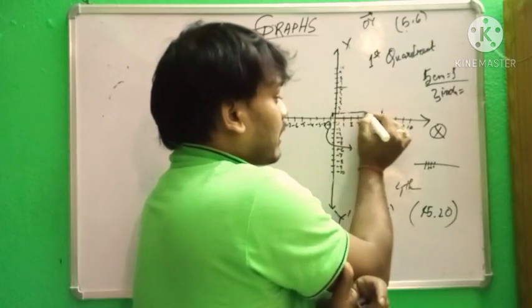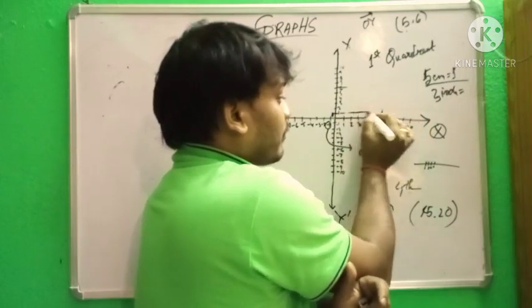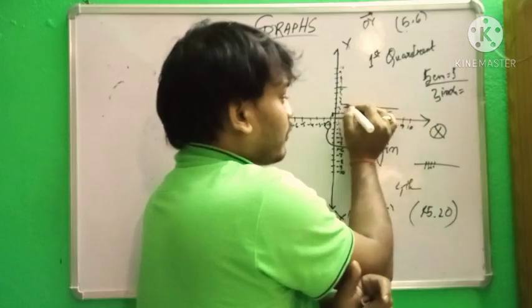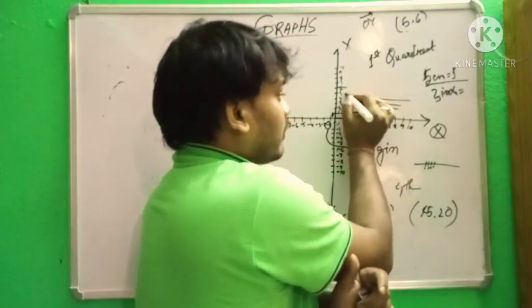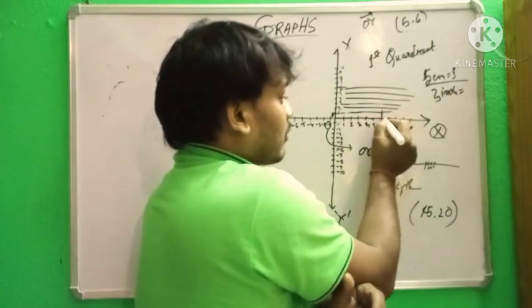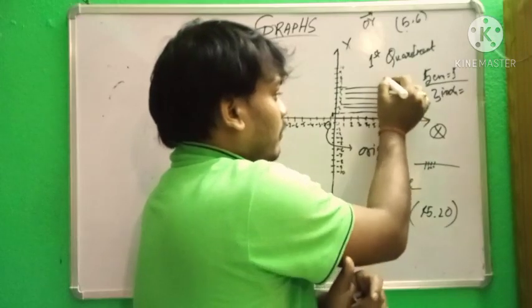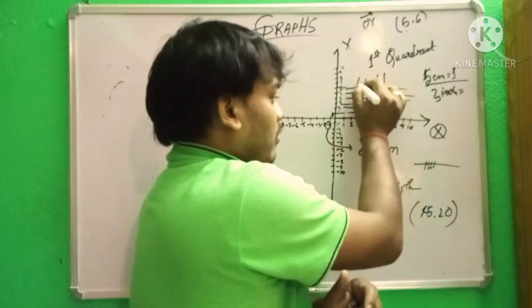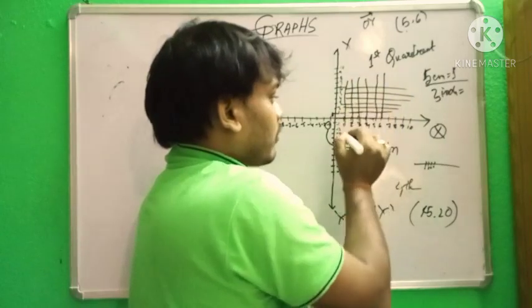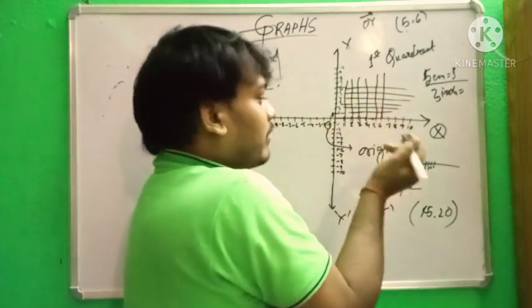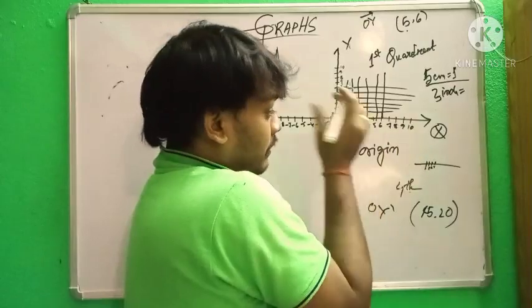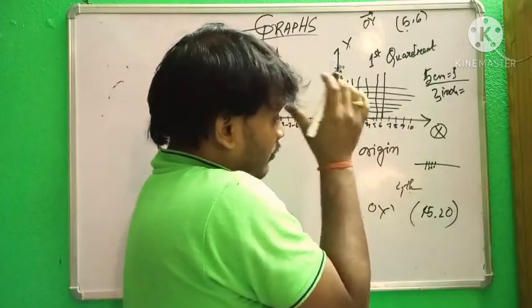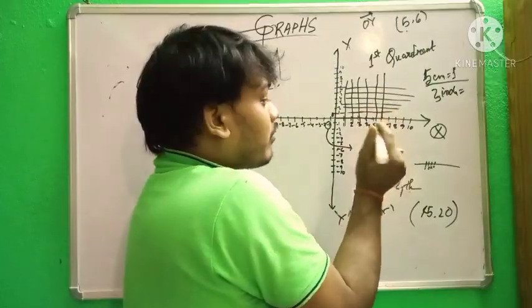In graph paper this kind of line is given, so there is no problem to count 1 2 3 4 5 6. So in this way, on this type of graph paper you will put the point.